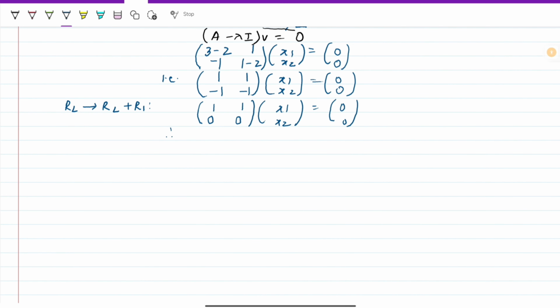Therefore we get x1 plus x2 is equal to 0, which gives us x2 is equal to negative x1. Thus, we have only one linearly independent eigenvector, which is V is equal to x1, minus x1, where x1 is a real number. If you keep x1 as 1, then we get V is equal to 1, negative 1.